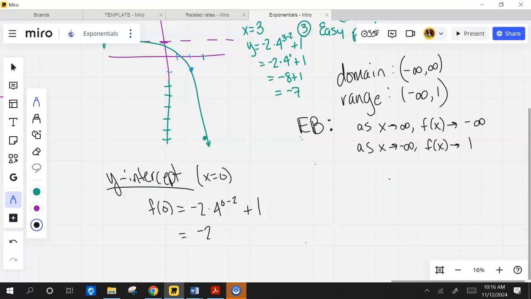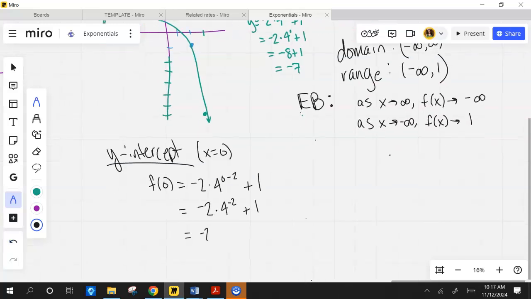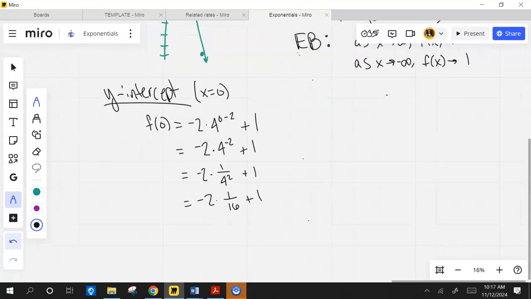So I got -2 times 4 to the -2, plus 1. What happens when I have a negative exponent hooked to a number? You're exactly right. So this is -2 times 1 over 4 squared, which is 16. How do I multiply a fraction to a number like that? To the top.